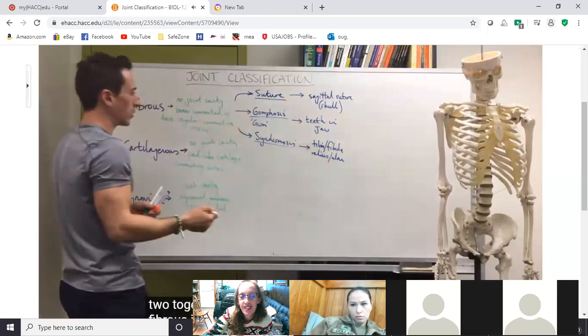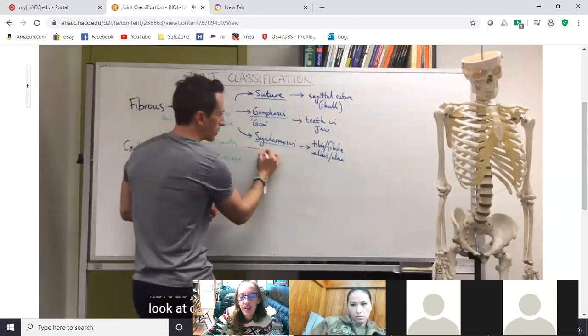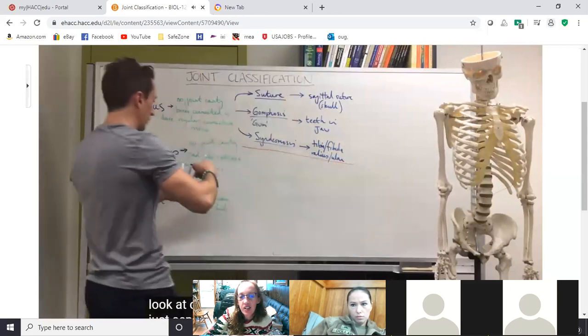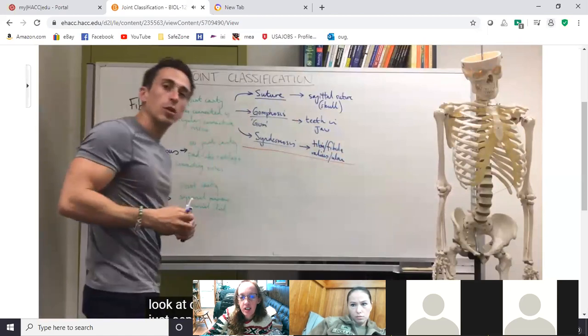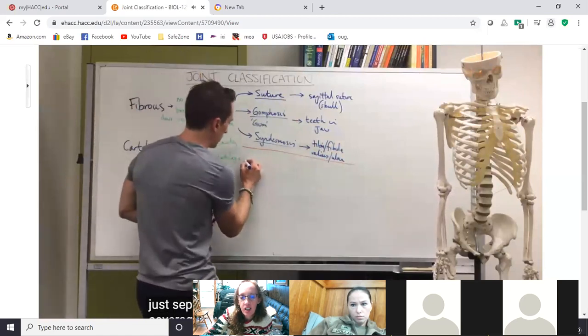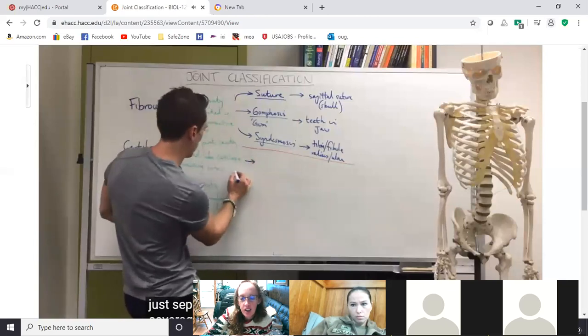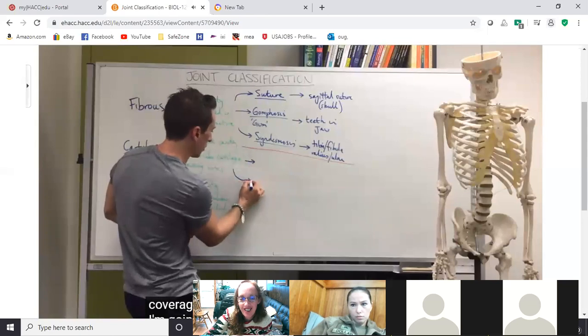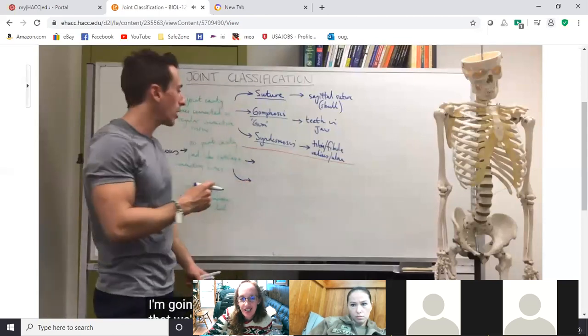Let's now move down and look at cartilaginous joints. We'll just separate that out. So, one type of cartilaginous joint is, let's put two up here. There's going to be two particular types that we need to look at.